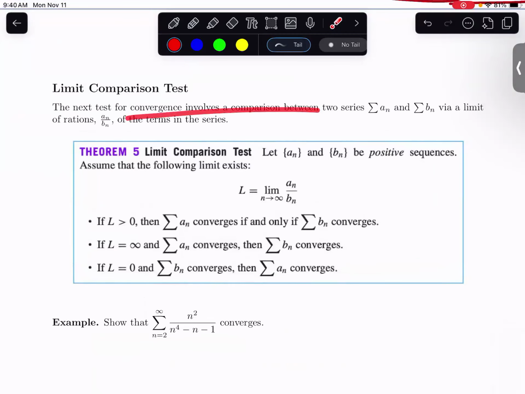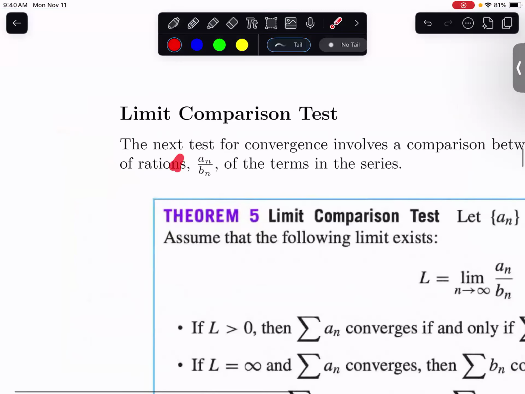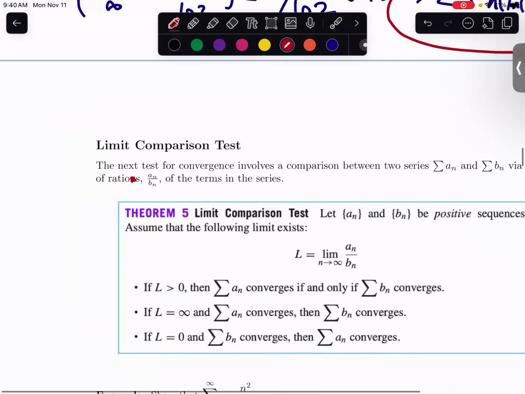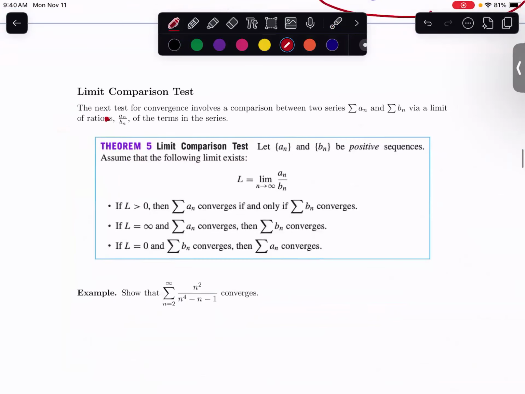So the next test for convergence is going to involve a comparison between two series, the series of a sub n and b sub n, via a limit of ratios, a sub n over b sub n, of the terms in the following series.